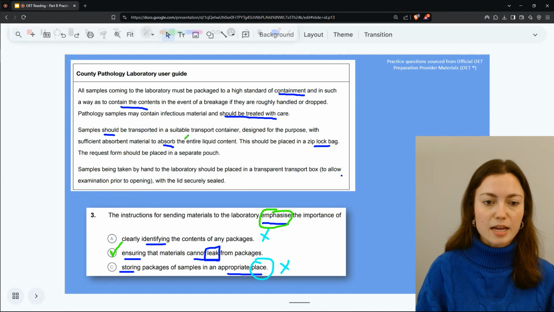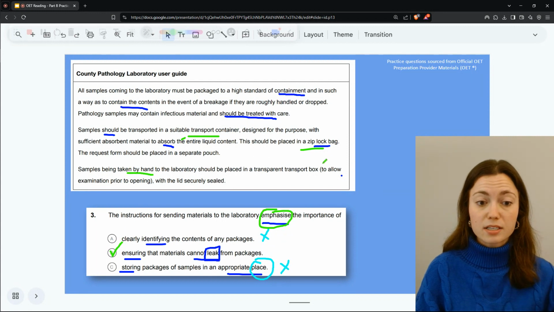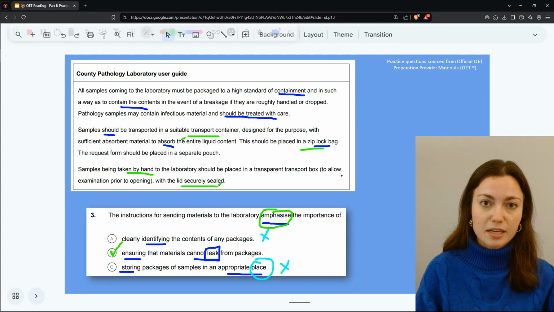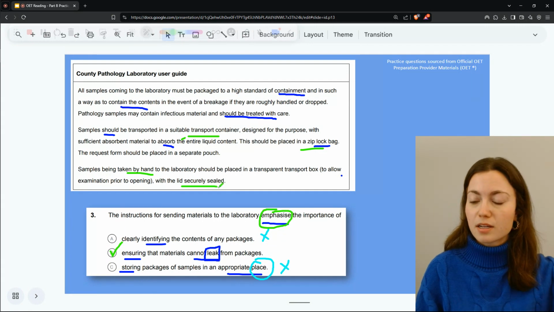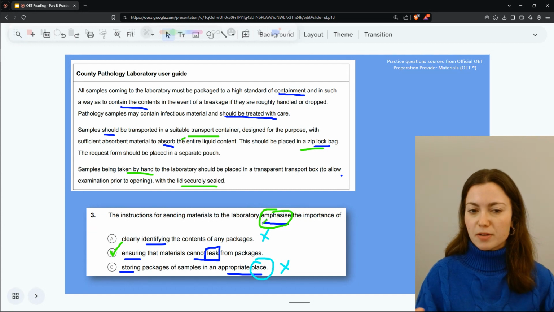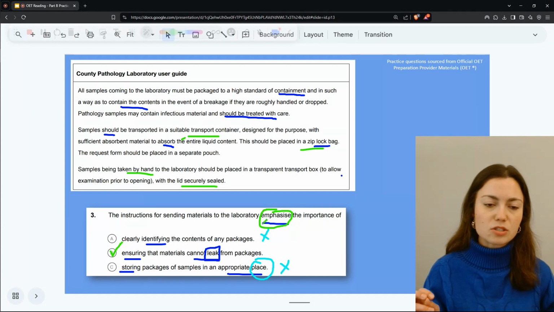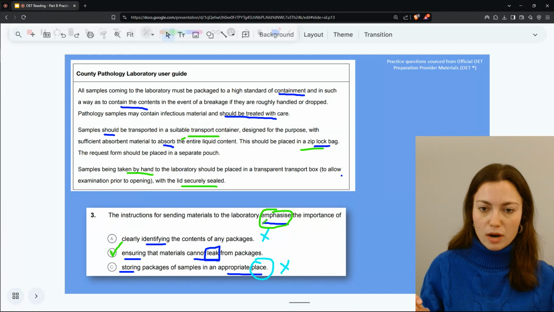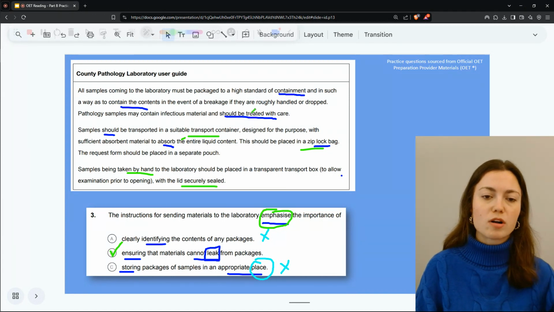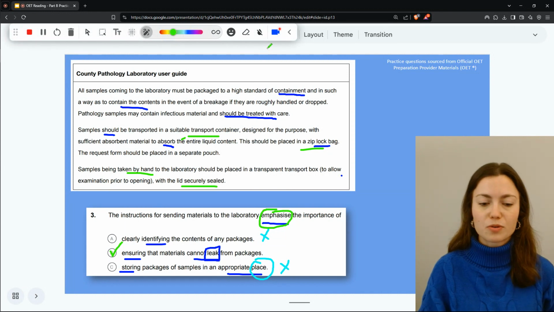So they're saying suitable container, transporting it, placing it in a Ziploc bag, taking it even by hand as well, the lid securely sealed, again with that idea of preventing leakage. So notice here that you have to keep a bit of an open mind with the word emphasis. It's not always one form. There's that repetition piece we've seen. There's also that strong language can also be used in other sorts of questions.